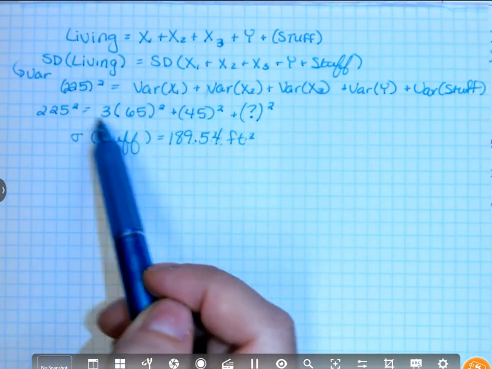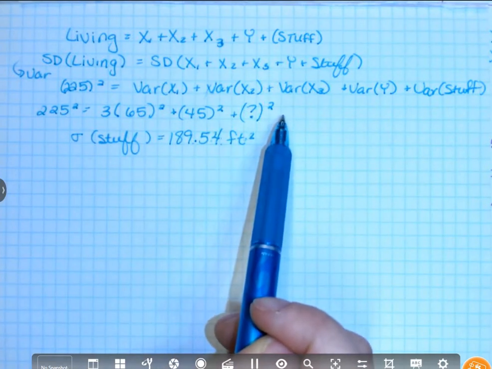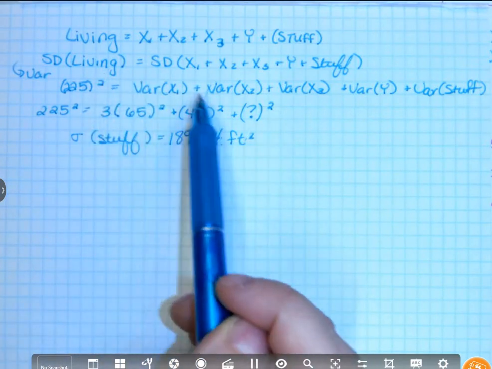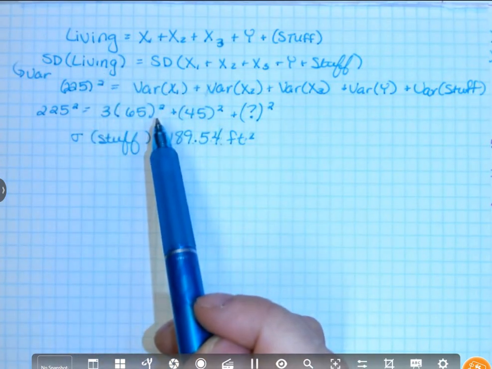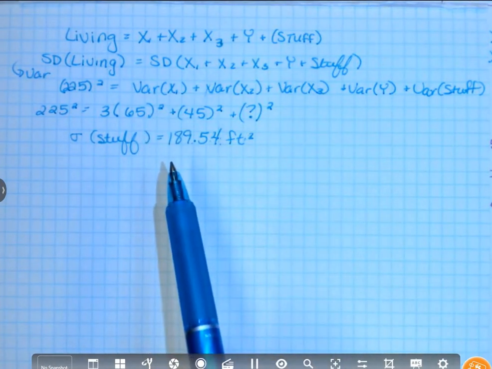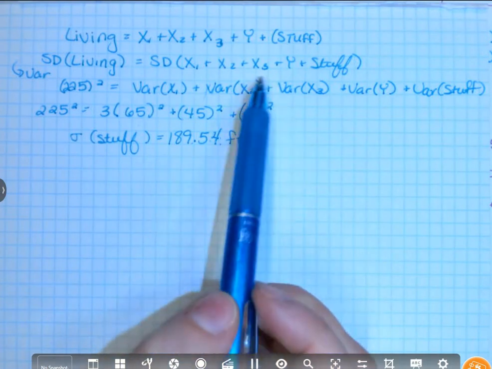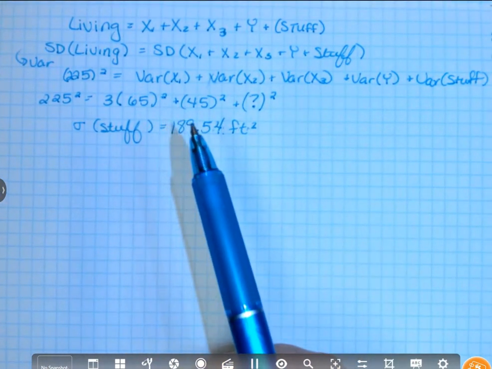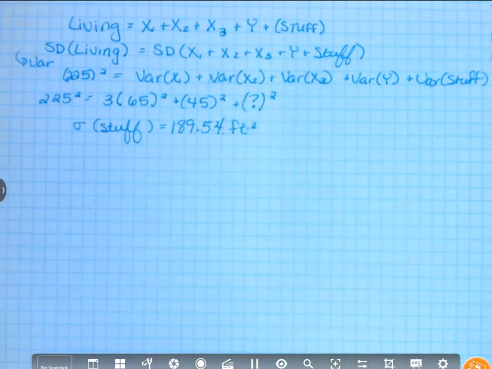But what I'm doing here is solving the equation when I've got everything down to its bits and pieces. Yes, but not until you are in your variance form, because the variance level is the level that we are able to do the math on. Okay? And again, I'm not going to give you something like that on a test or quiz. It's just a nice thing to kind of talk about.